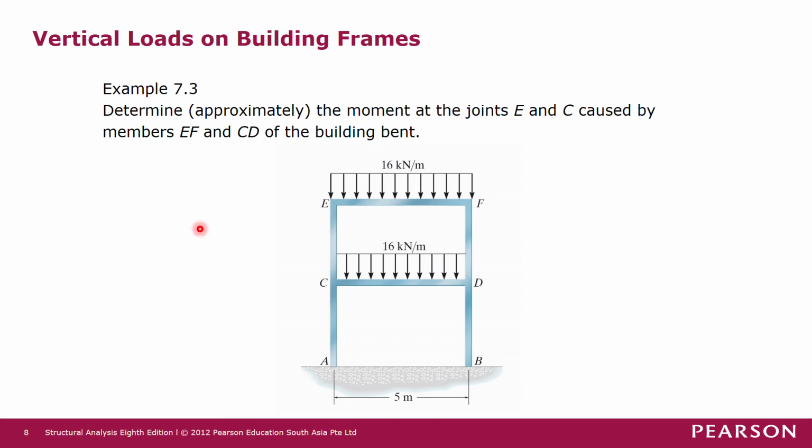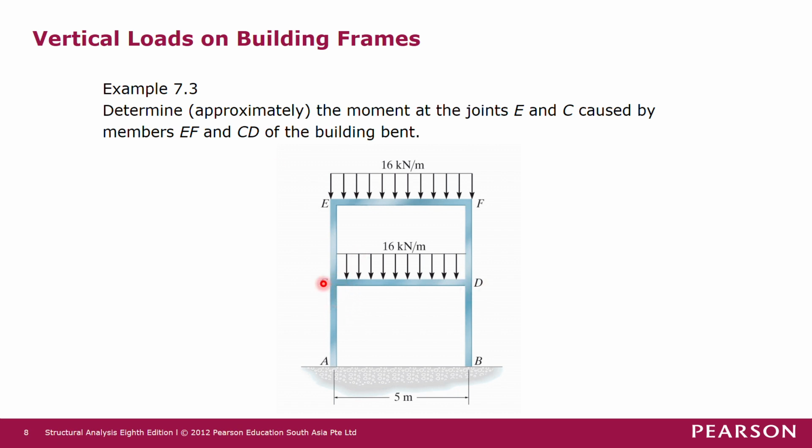So let us look at this particular example on how to use the approximate analysis to get the bending moments and also support reactions. In this case, you are asked to determine approximately the moment at the joints E and C caused by members EF and CD of the building bent.